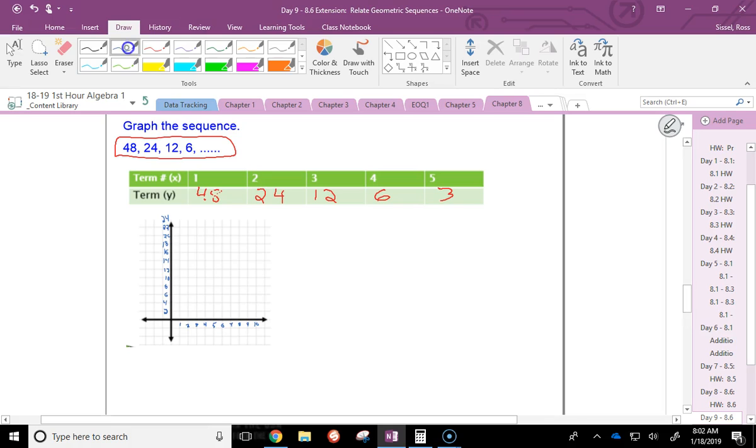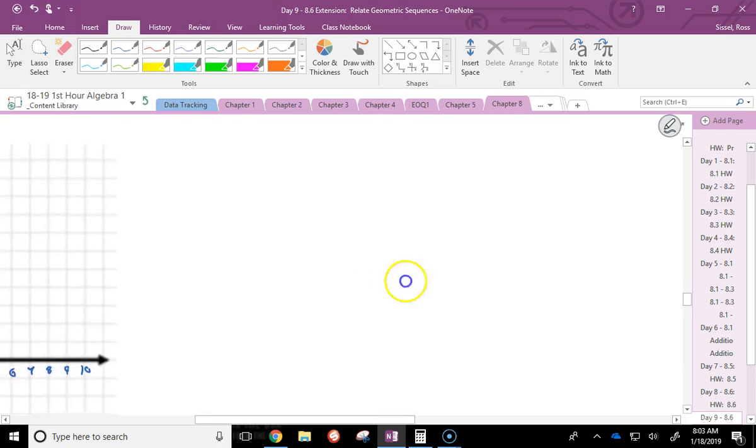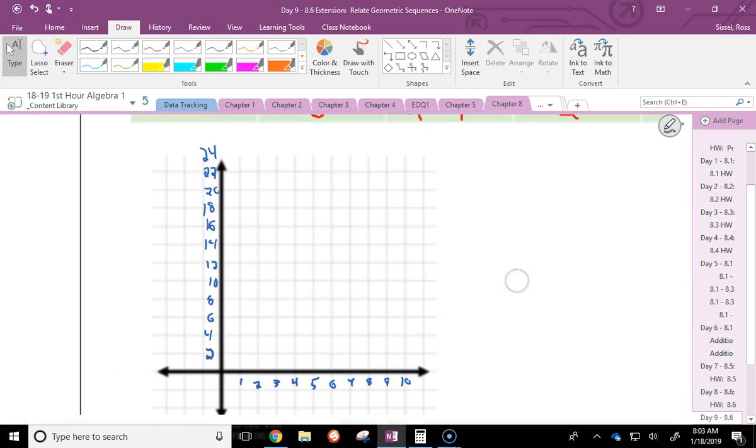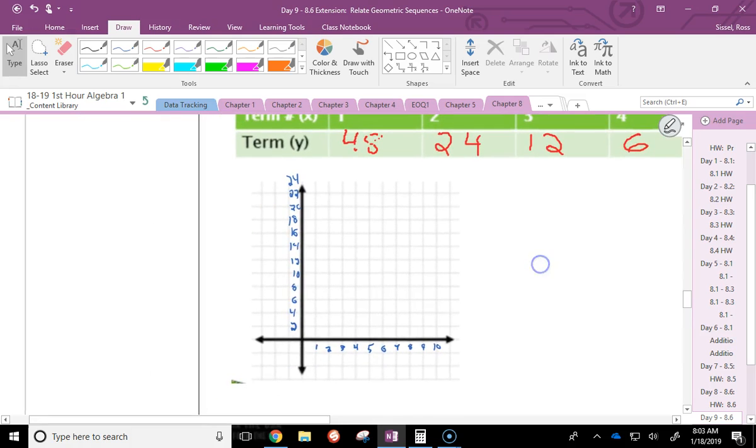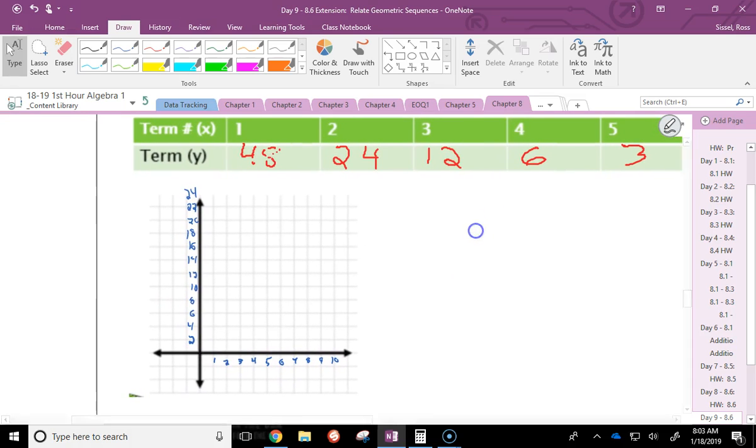On mine, I already went through and numbered my grid for you. I know yours isn't, but I looked at this and decided to make my scale 2. So when I graph this, I'm just going to do my points. Can I put 0.1 in there?